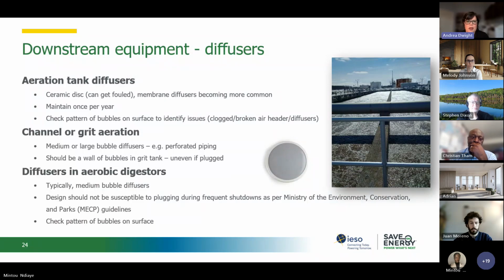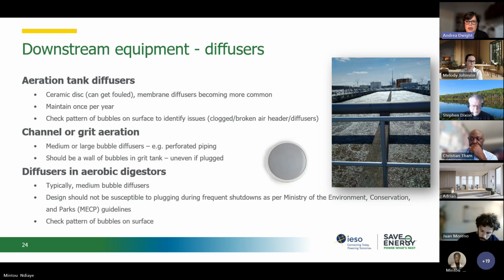Next element after the valves are diffusers. And of course, in your aeration system, you've got a couple different kinds. Ceramic membranes are being used much more readily, and they need to be maintained at least once a year. And along with the aeration tanks, the channel blowers, aerobic digester blowers, the way that you see if there's plugging is to look at the surface of the tanks to see if you see any anomalies in the bubbles or mixing coming to the surface.